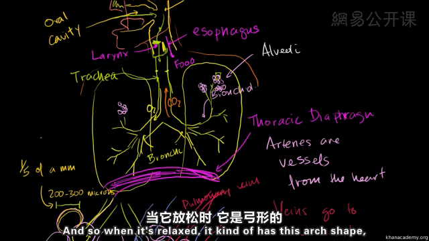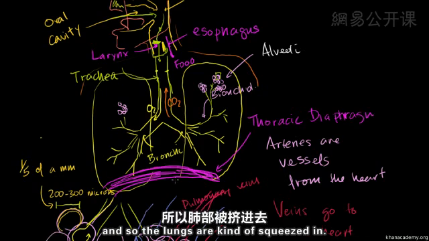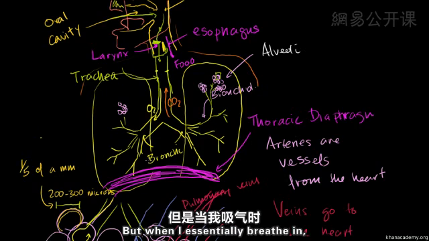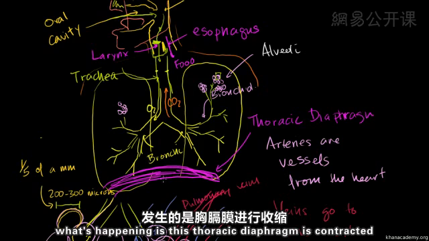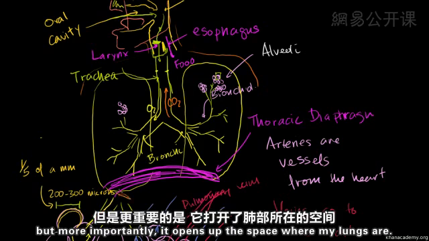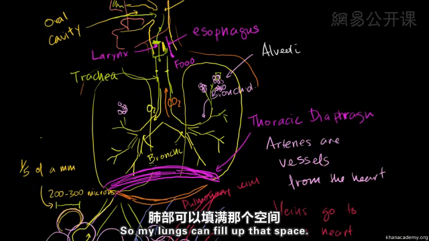And so when it's relaxed, it has this arch shape, and so the lungs are kind of squeezed in. They don't have a lot of volume. But when I breathe in, this thoracic diaphragm is contracted. And when it's contracted, it gets shorter, but more importantly, it opens up the space where my lungs are. And so my lungs can fill up that space.